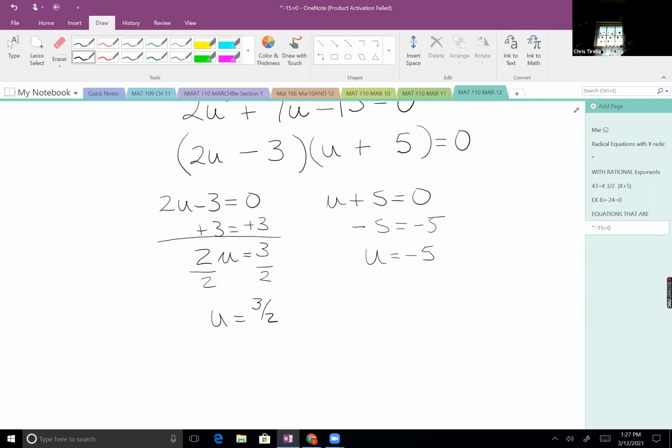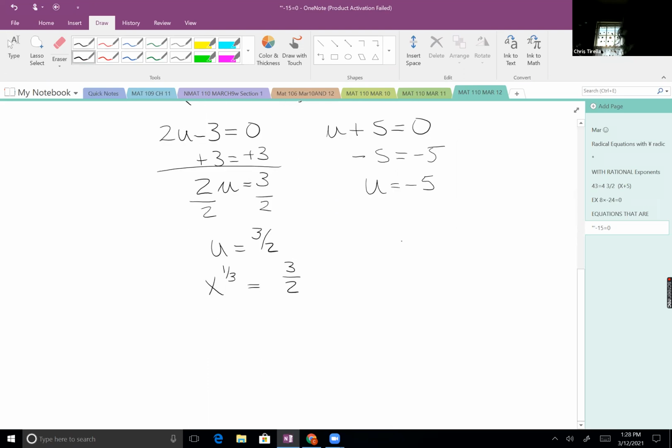Now, when I go to back substitute, u is x to the 1/3. So x to the 1/3 equals 3/2. Over here, the other possibility would be x to the 1/3 equals -5. Well, we just said if we have a fractional exponent, we'll raise both sides to the reciprocal power.